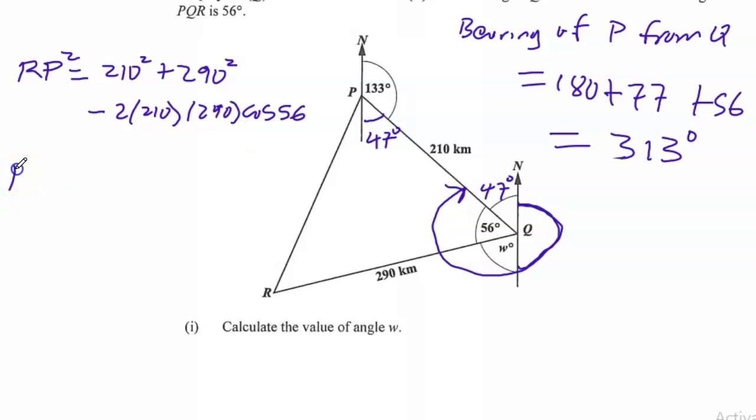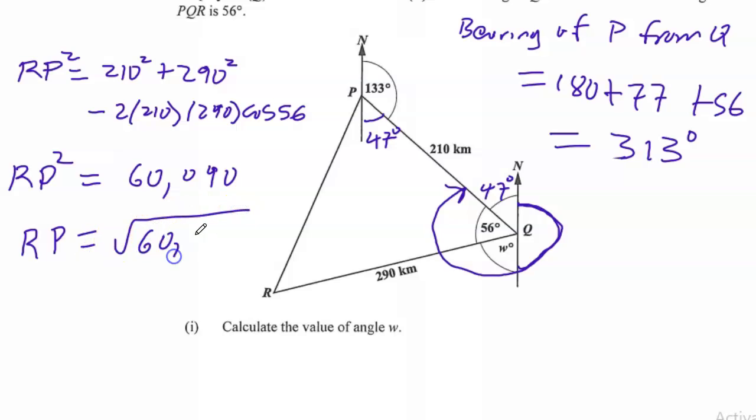So RP squared is equal to, you can use your calculator to do this calculation, 60,090, which means that RP would be the square root of 60,090. So the length of RP would be 245 kilometers.